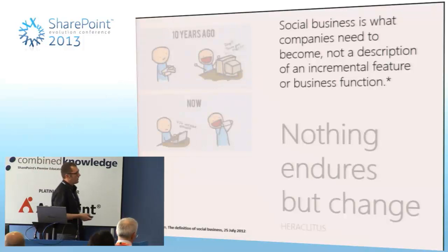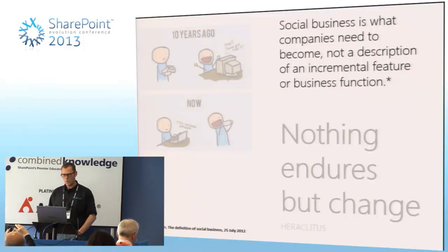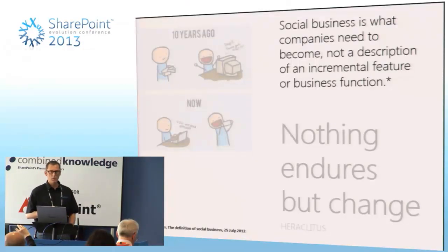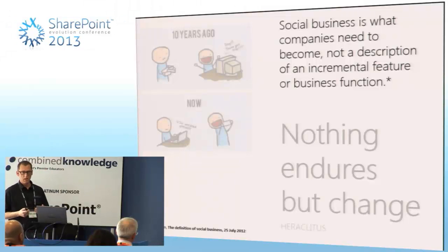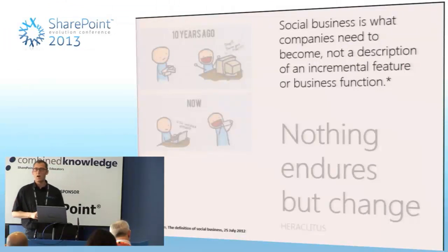And this is one of the, what do you call it, quotes coming from one of the writers from the Dachis Group, Peter Kim, who wrote a blog post saying that social business is something you need to become. You need to turn around your business and become social. It's not something you buy or a service, it's something that you are.